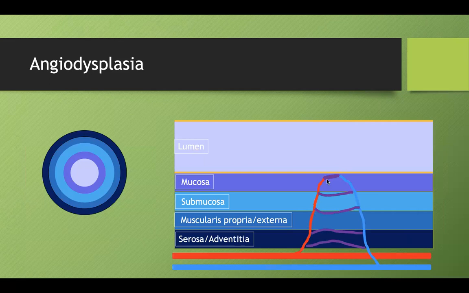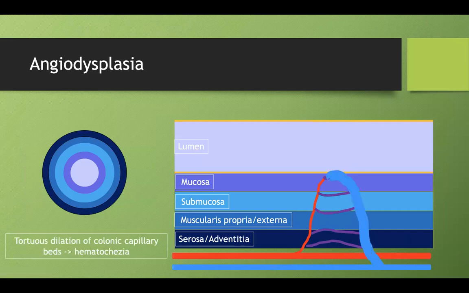So you have your arteriole, venule, and then these are all capillaries. And what happens here is that you actually get dilation of this capillary bed, especially on the venous side, and that can cause a back pressure in the capillary, which you wouldn't want. These capillaries are not meant to withstand any sort of high pressure, so they can rupture and start causing hematochezia.